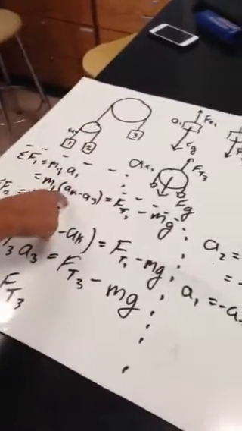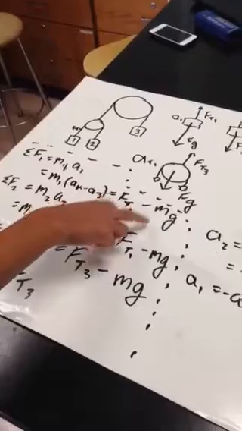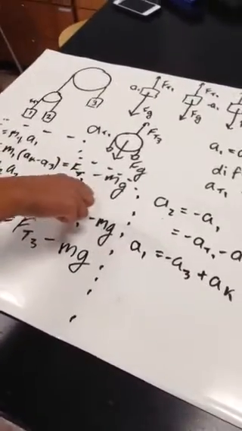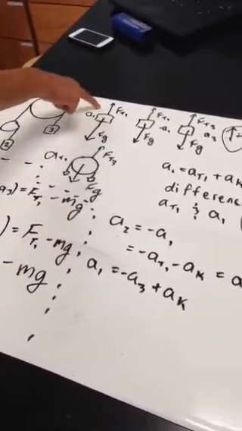So the summation of the forces in the y direction for the first block is m1 times (AK minus A3), which should be equal to T1 minus the force of gravity, as we see by our free body diagram, so T1 minus mg. This is our first sigma F statement, and this is the first equation we're going to use.